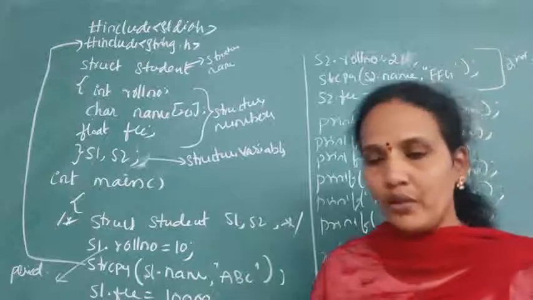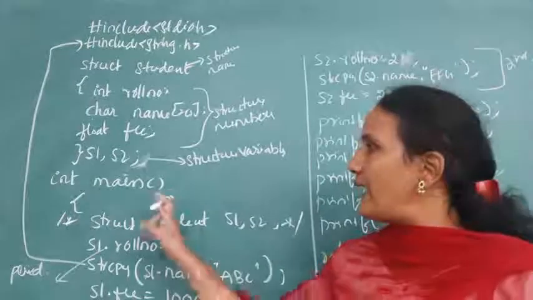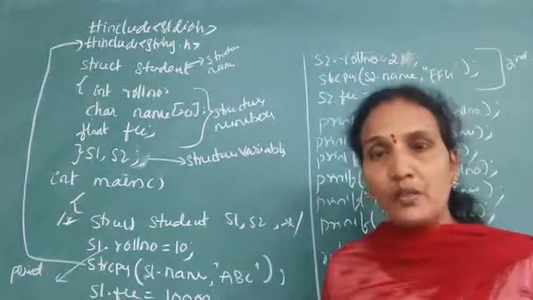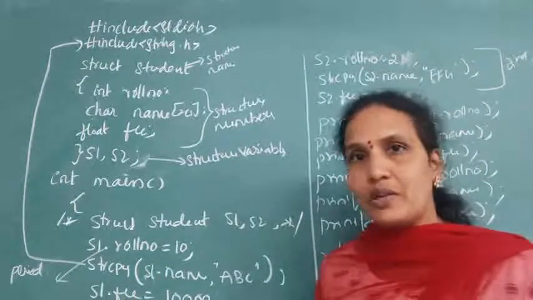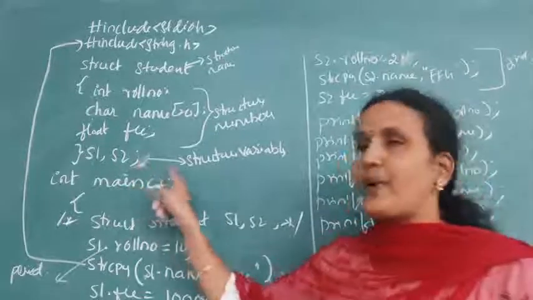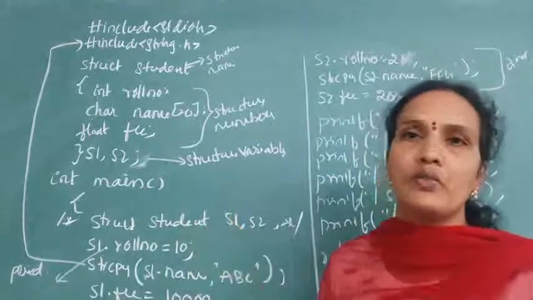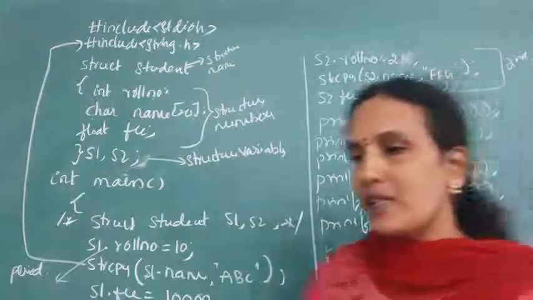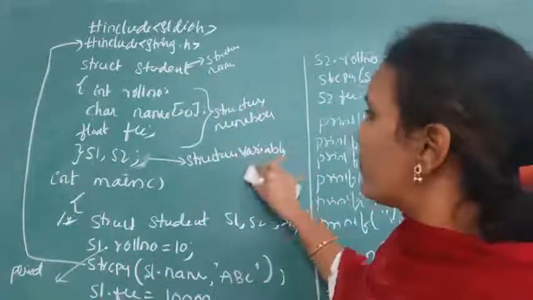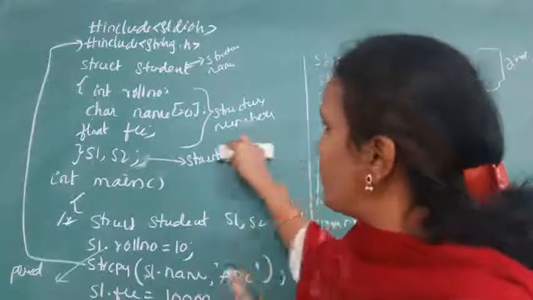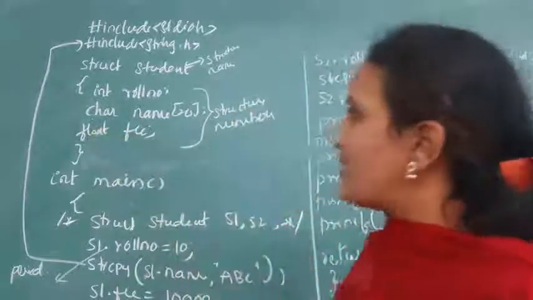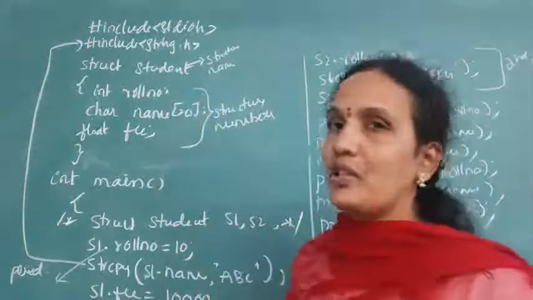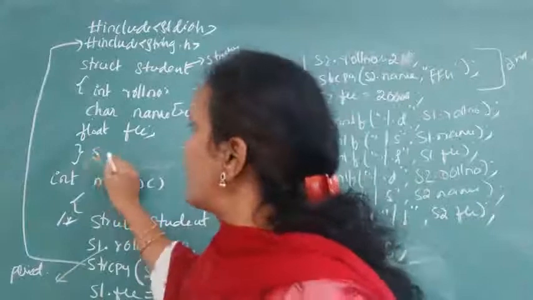If you have only 2 or 3 variables, directly you can declare and assign the values. But if you have a large number of variables using the same structure, instead of declaring them separately, you can use a structure array. You can use the structure array like this. Structure variables, for example, 4 students or 5 students using the same structure, then you can give like this, S1.